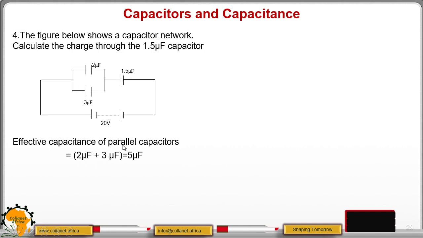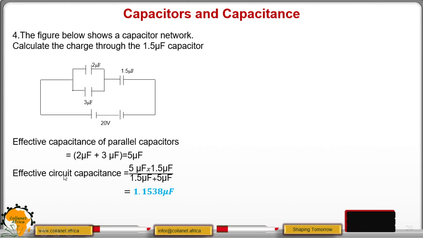That is the effective capacitance for the parallel capacitors. You have 2 microfarads plus 3 microfarads, you get 5 microfarads. Now this 5 microfarads is in series with 1.5. So the effective capacitance will be 5 times 1.5 divided by 1.5 plus 5. And when you do that, you get that the effective will be 1.1538 microfarads.